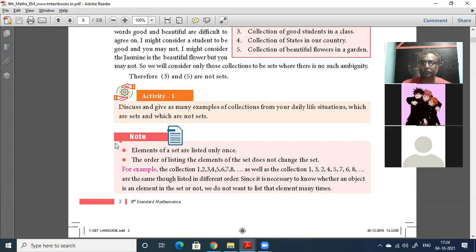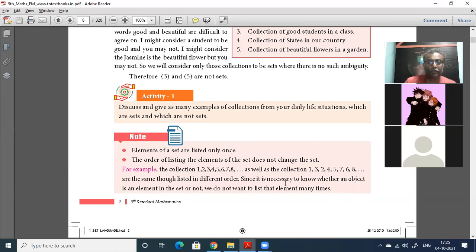A is equal to Abel Raj uncle, Arpana, Sandhya. Very good. If I say A is equal to Sandhya, Arpana, and Abel Raj, is it a different set or the same set? It is the same set, uncle. The same set. Very good. So now you understand that.